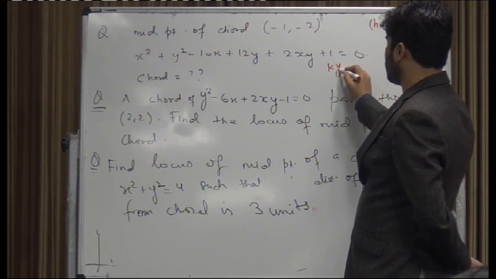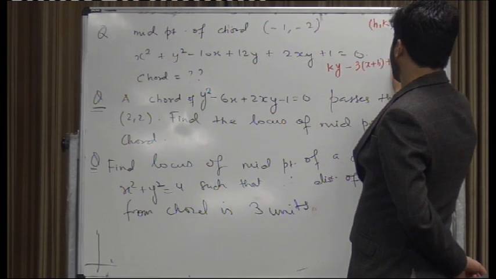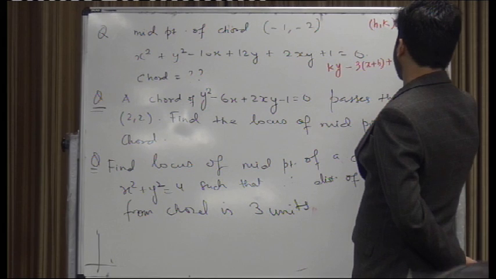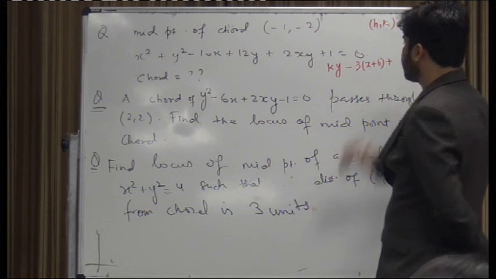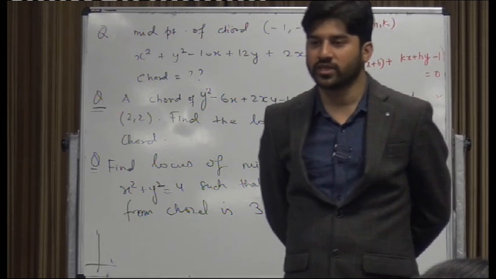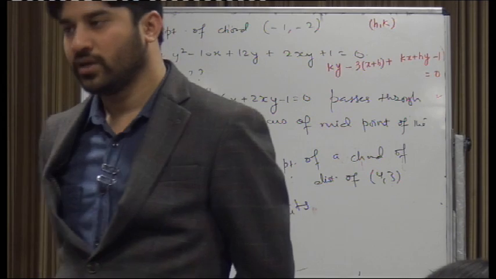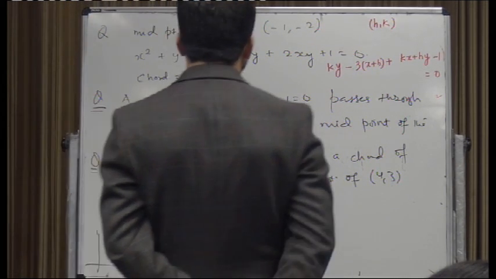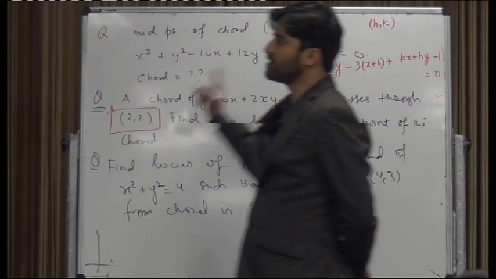ky minus 3 into x plus h plus kx plus hy, the 2 will cancel. Now this is the equation of the chord whose midpoint is h comma k, and that chord is also passing through 2 comma 2. So this 2 comma 2 must satisfy this equation.